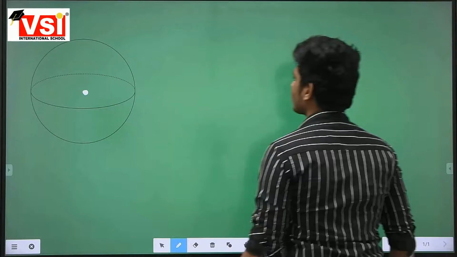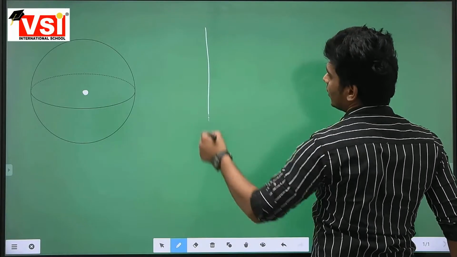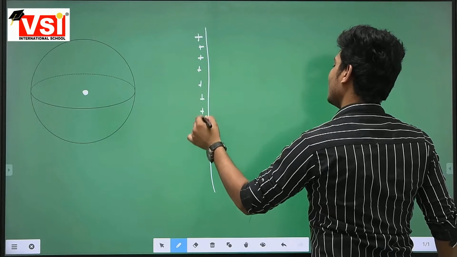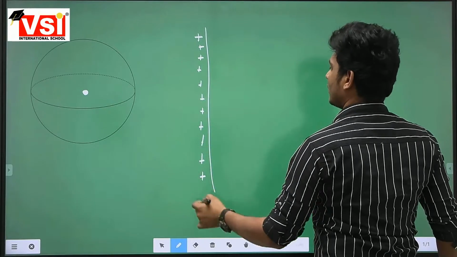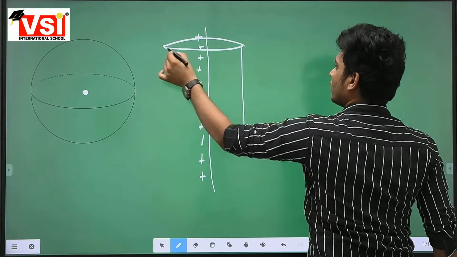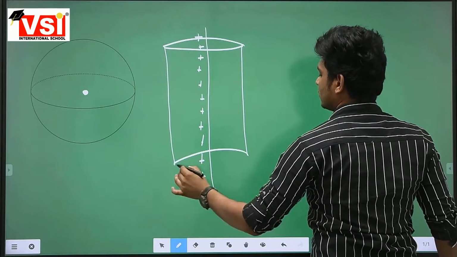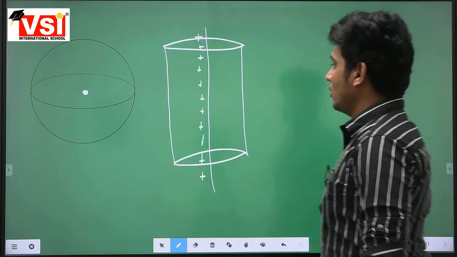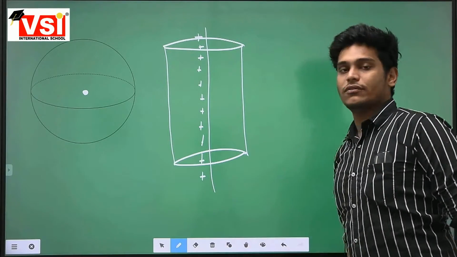Second example, for a linearly distributed charge over a very thin wire, we will consider a cylindrical surface. And why is this the equipotential surface for the point charge?